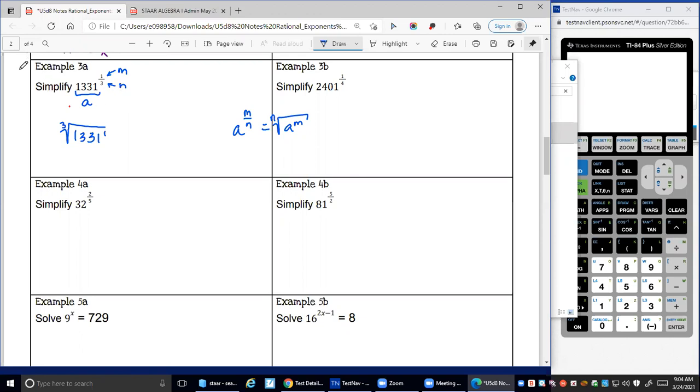Basically, you take all the digits and you add them up. 1 plus 3 is 4, plus another 3, 7, plus another 1, and that's 8, right? And so if the sum of those numbers, 1, 3, 3, and 1, is divisible by 3, then the entire number is divisible by 3. So can we divide 8 by 3?